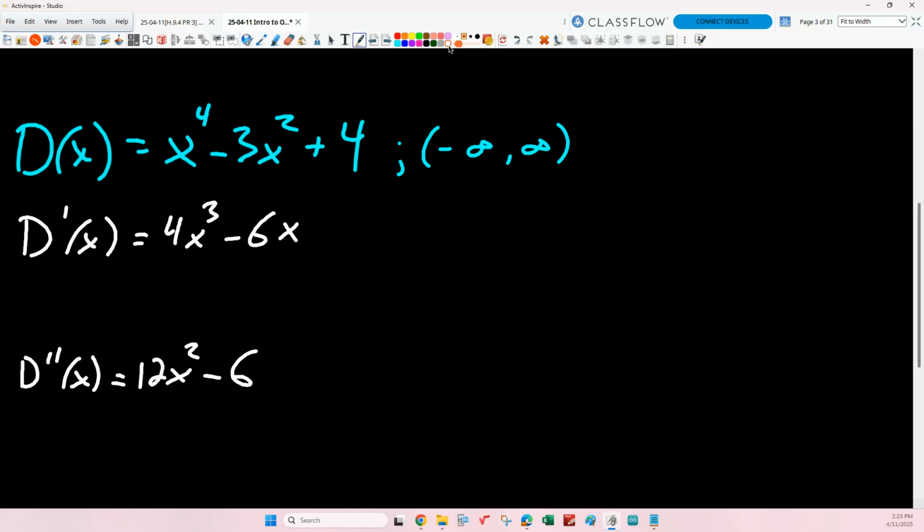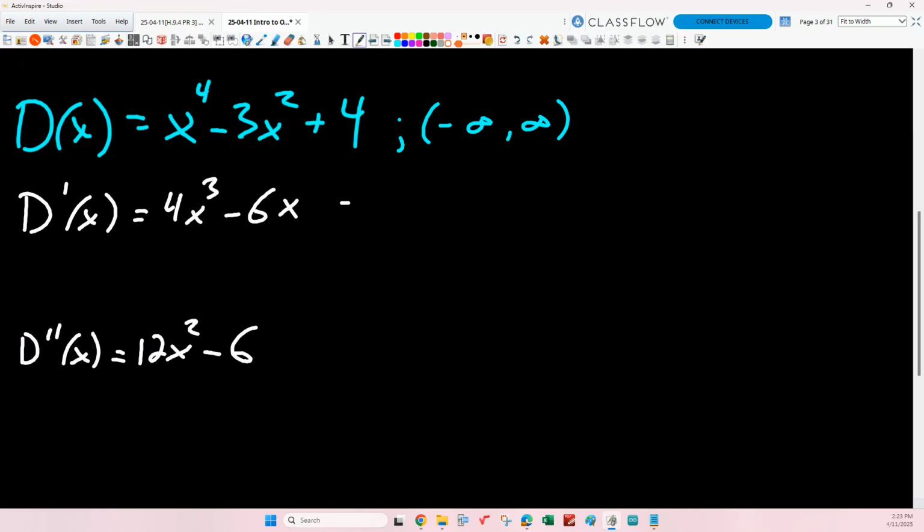Minus 6, good. Okay, so let's go ahead and factor the first derivative. How's that factor? Okay. Good.